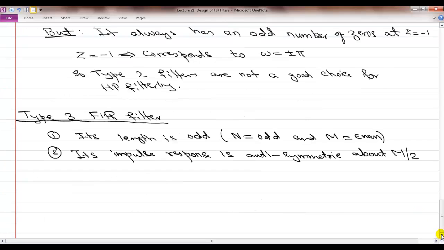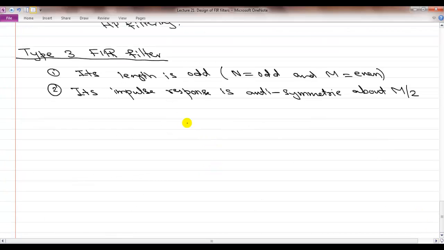Okay, and now remember that since m is even, my m by 2 is an integer. So if I draw an impulse response for n equal to 0 and n equal to m, I have a sample at m by 2, and it is anti-symmetric. So for example, I'll get an impulse response like this.